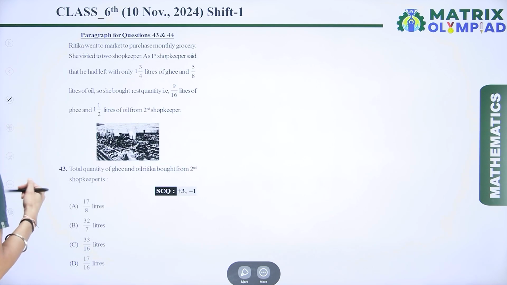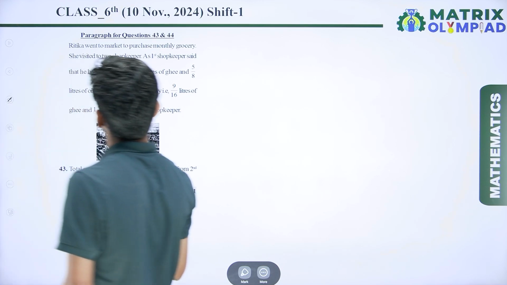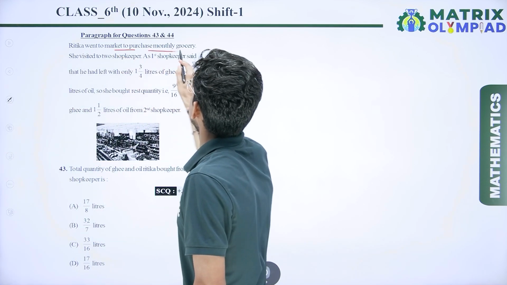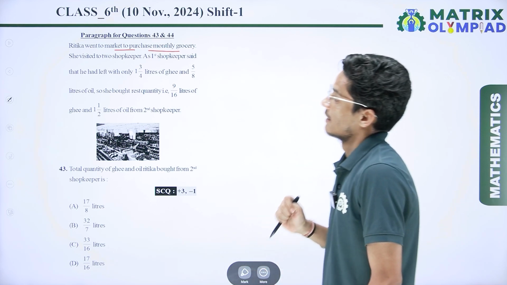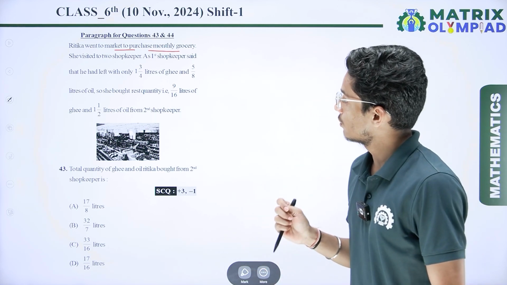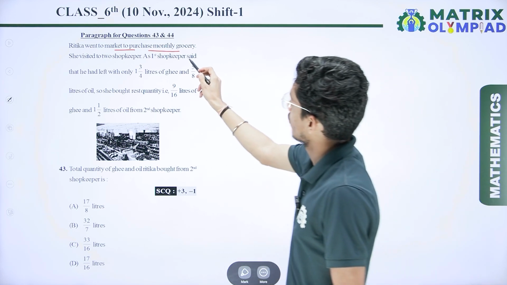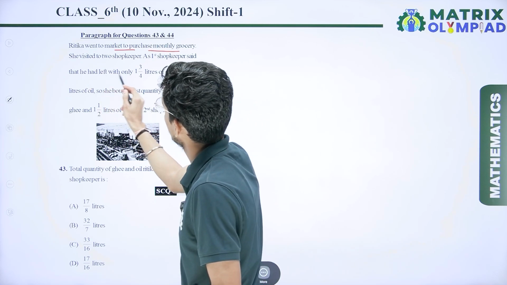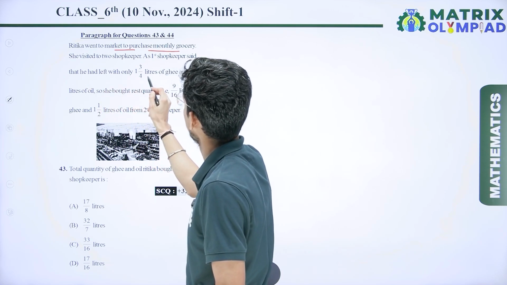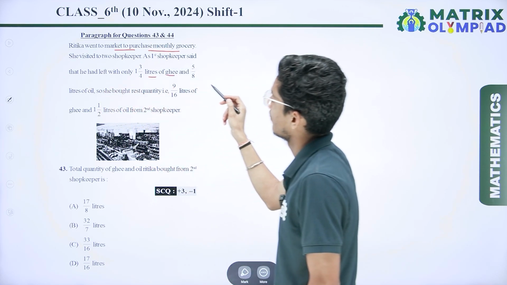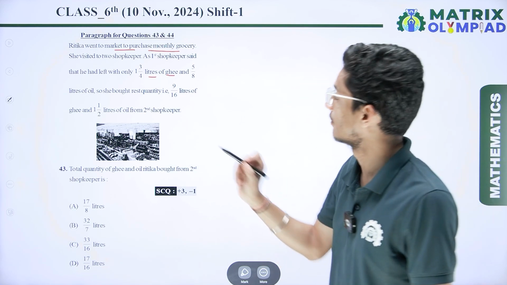So now if I talk about the next question, which is again based on a paragraph. Here we have been given a paragraph: Ritika went to the market to purchase monthly grocery. She visited 2 shopkeepers. The first shopkeeper said that he had left with only 1 and 3/4 liter of ghee and 5/8 liter of oil.